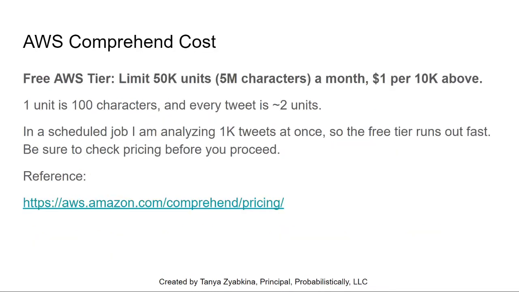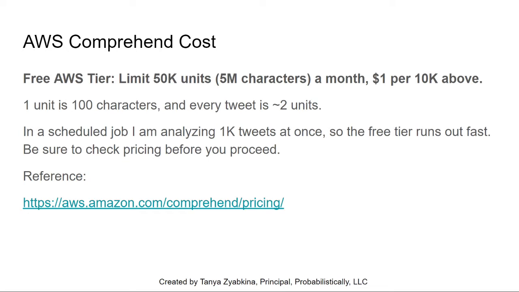Let's talk about Comprehend costs. With the free AWS tier, you get to analyze 50,000 units of text a month, and one unit is about 100 characters. So in the example that I'm using, every tweet is about 2 units. I'm analyzing 1,000 tweets, which is not a huge sample, and that is 2,000 units.